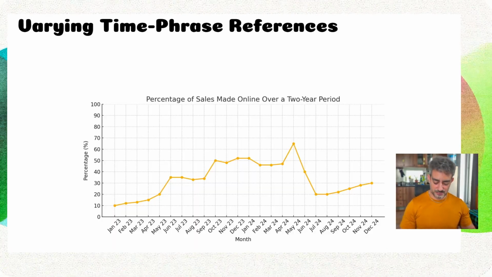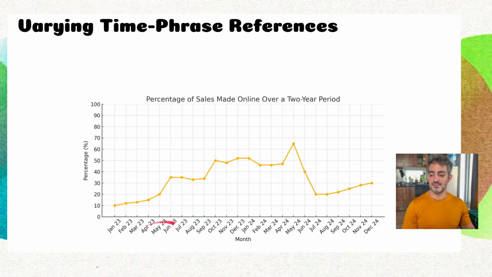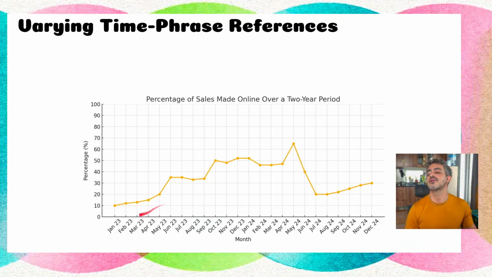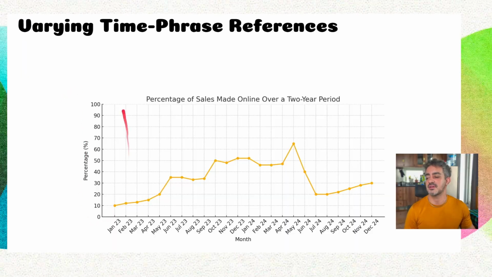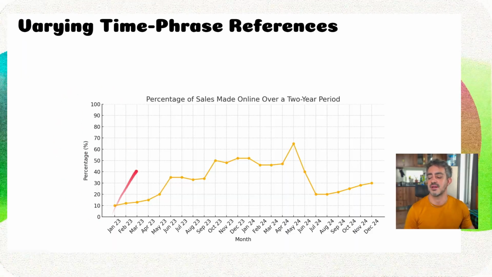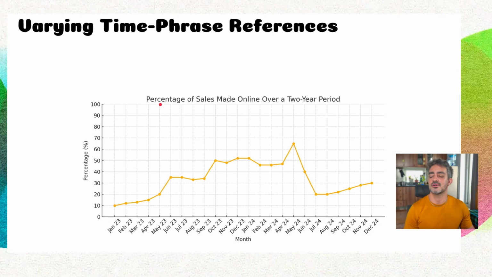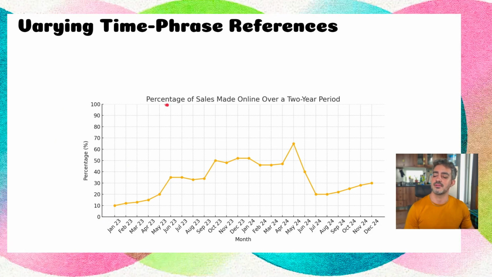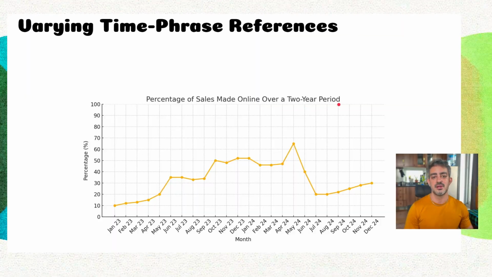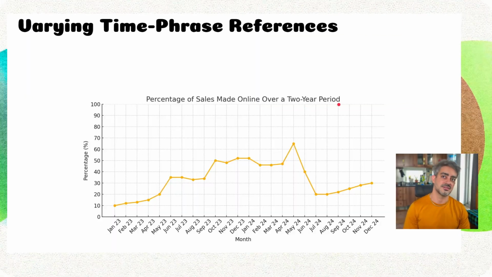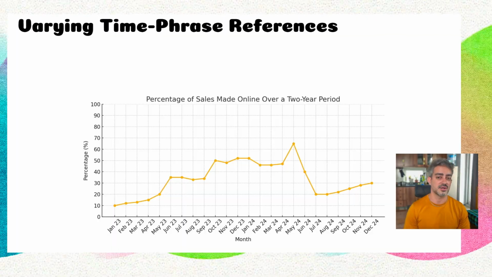This is the example that we're going to be eventually writing about. So we want to look here at some key information, all right? We already mentioned that we have percentages on the left. This whole chart is a chart about the percentage of sales made online over a 2-year period. So I'd like you to imagine that you work for a company.